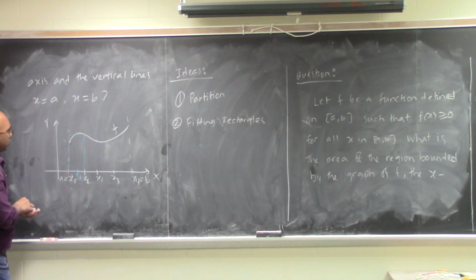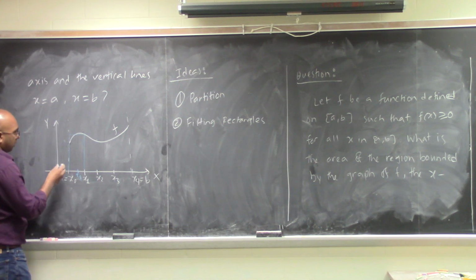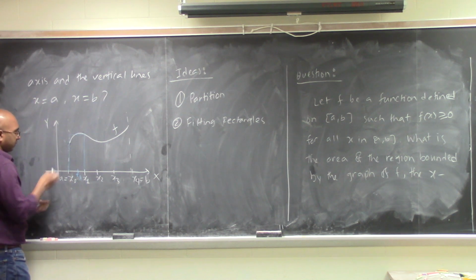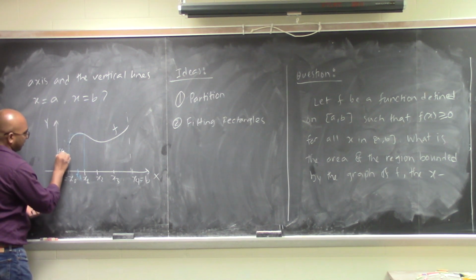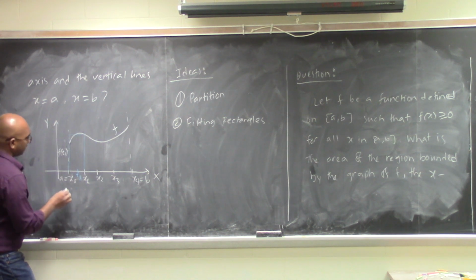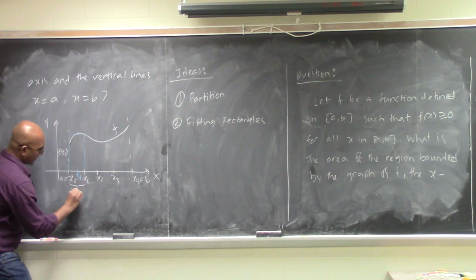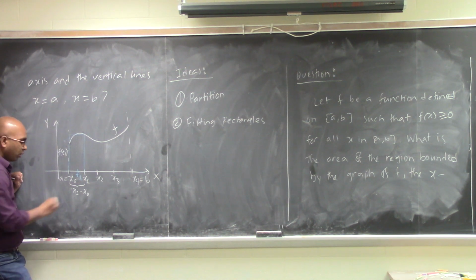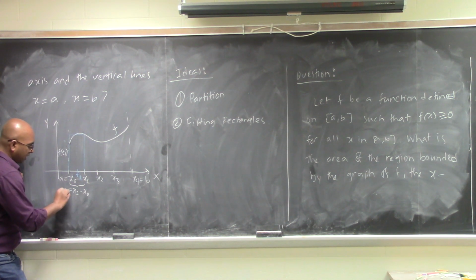Once again, notice what is the height of this rectangle? This is f of t sub 1. And what is the length of this? This is x1 minus x sub 0. We'll call this delta x sub 1.